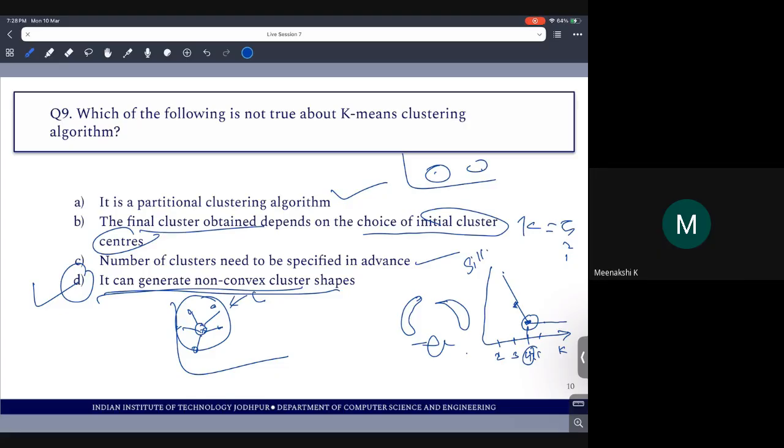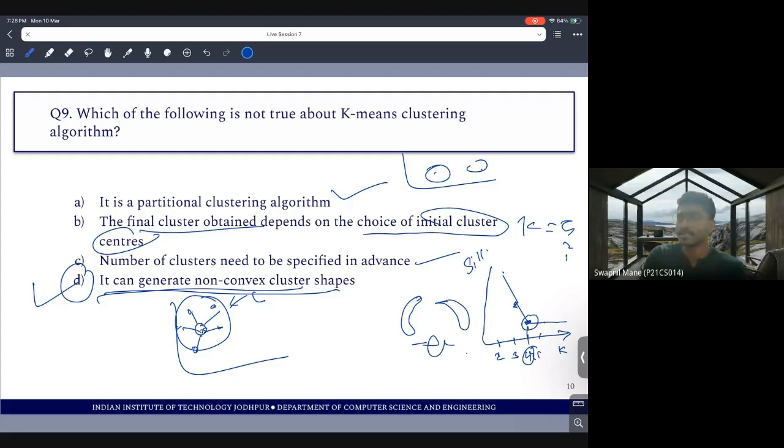Similarly, sequence mining. Let's take time series data, or any sequence of data, and from this sequence you are trying to find patterns from it. So it also includes the clustering part.